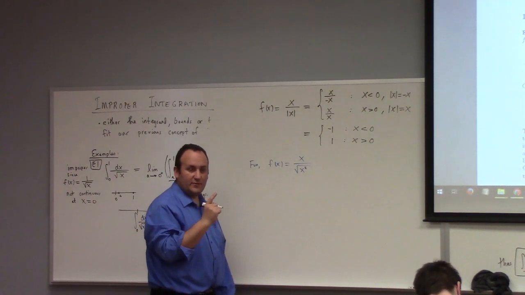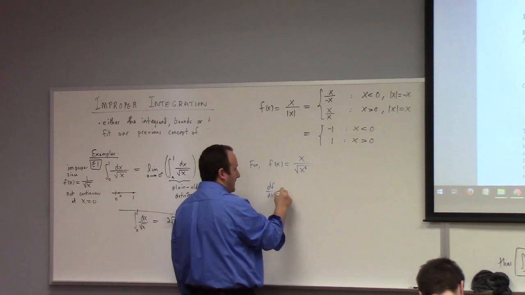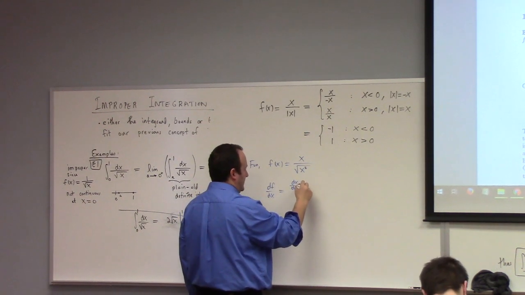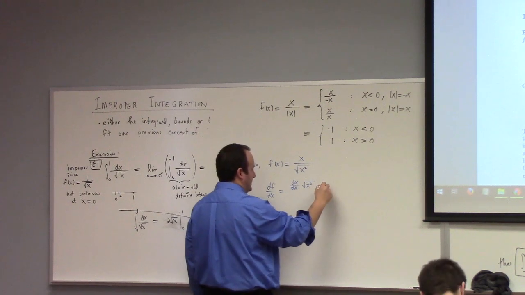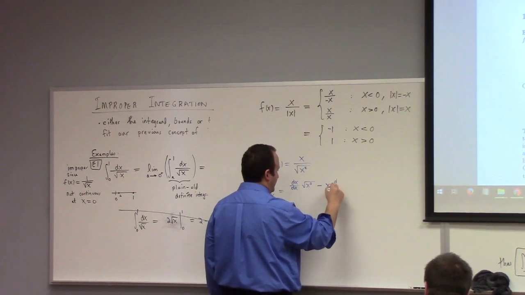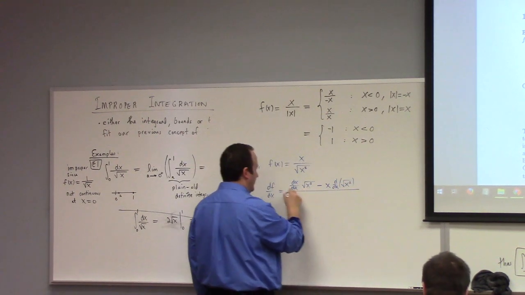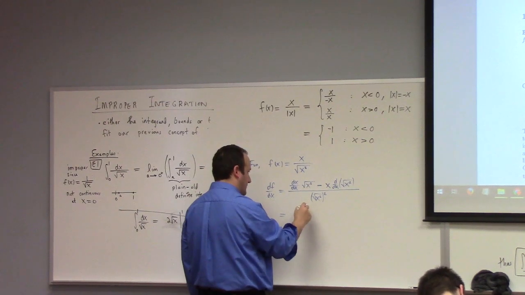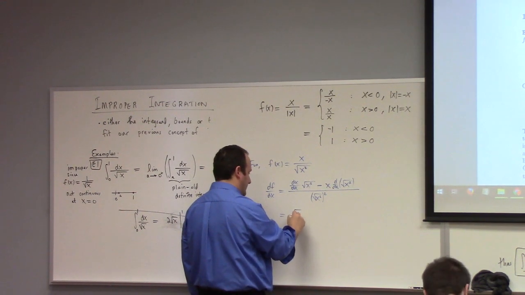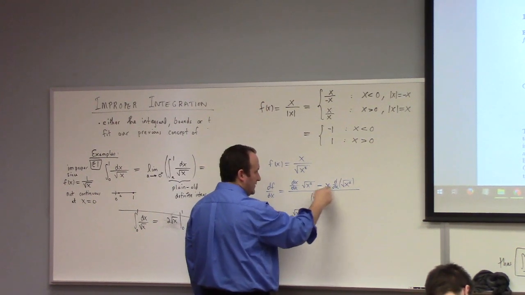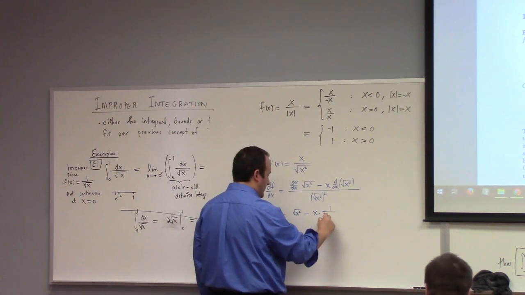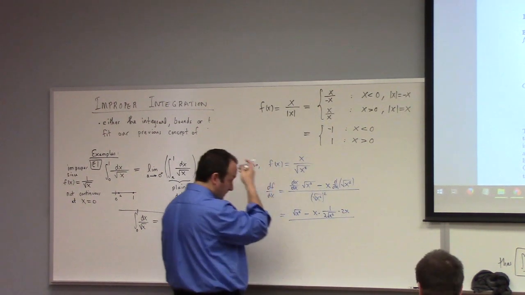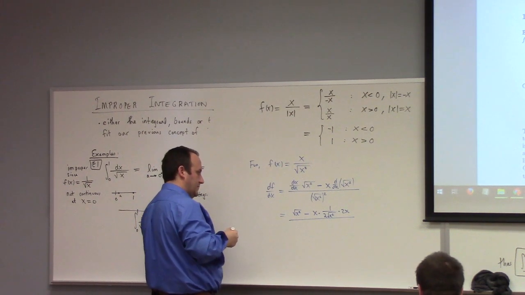Okay, so, fun thing. What if you differentiate this? So we have d/dx of x times the square root of x squared, minus x times d/dx of the square root of x squared, divided by the square root of x squared, squared. How's that work out? So we have the square root of x squared minus x times 1 over 2 square root of x squared times 2x. Which is what?